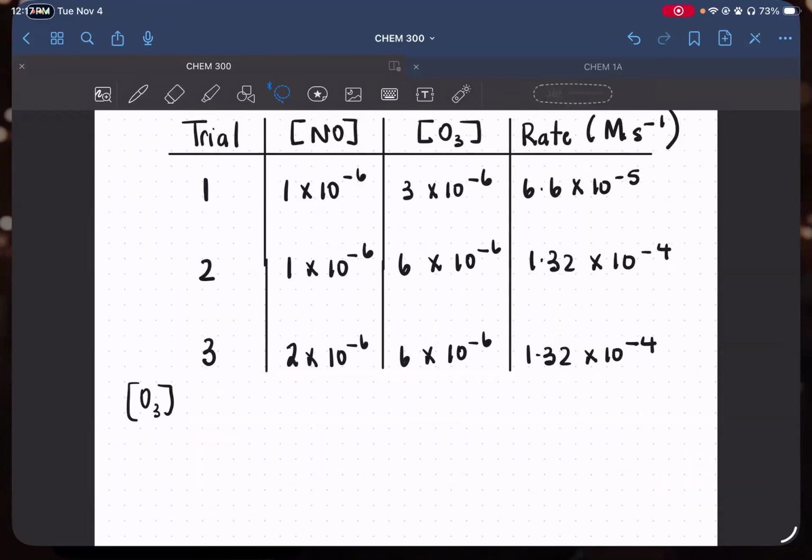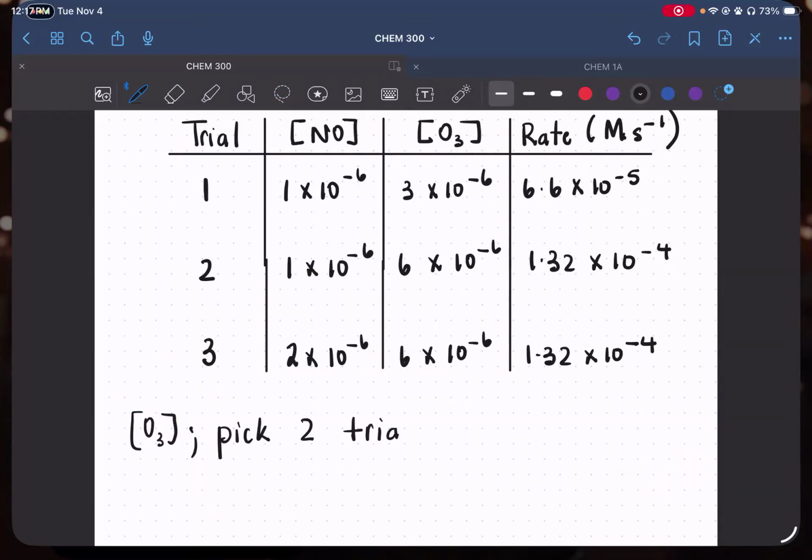All right. Remember what we're going to do. The first thing is we are going to pick 2 trials. We're specifically focused on the O3. So we are going to pick 2 trials where the O3 changes, but not the NO. There's only 3 options.